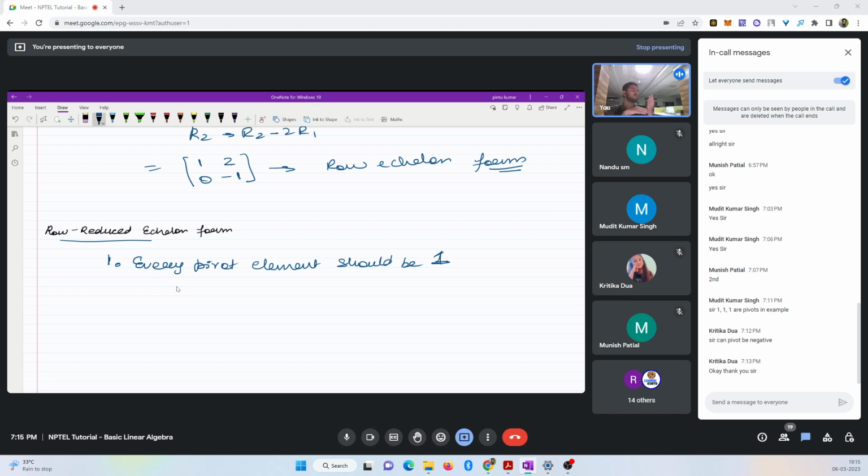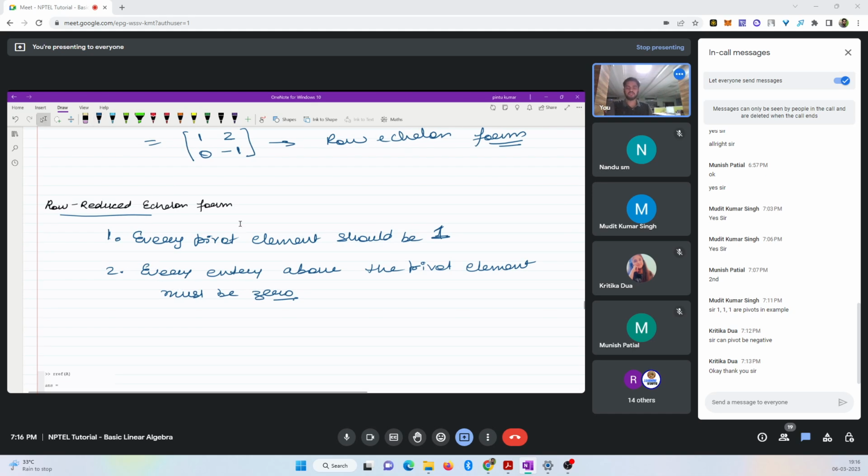Next, every entry above the pivot element must be 0. So this is how we do it.